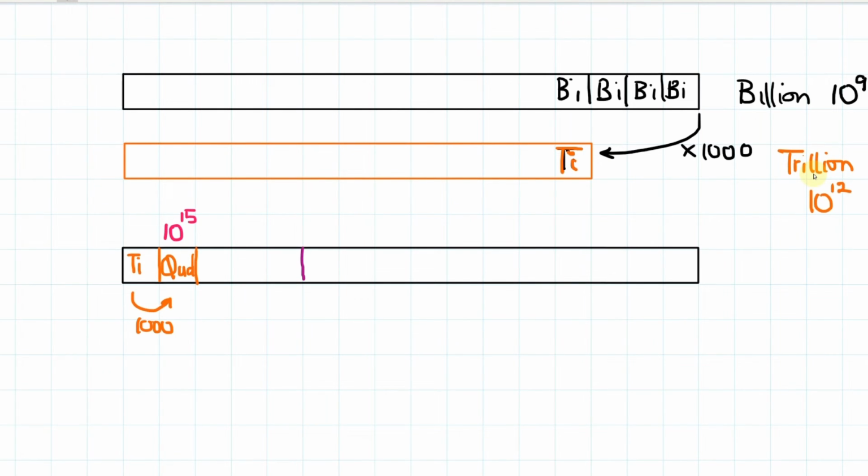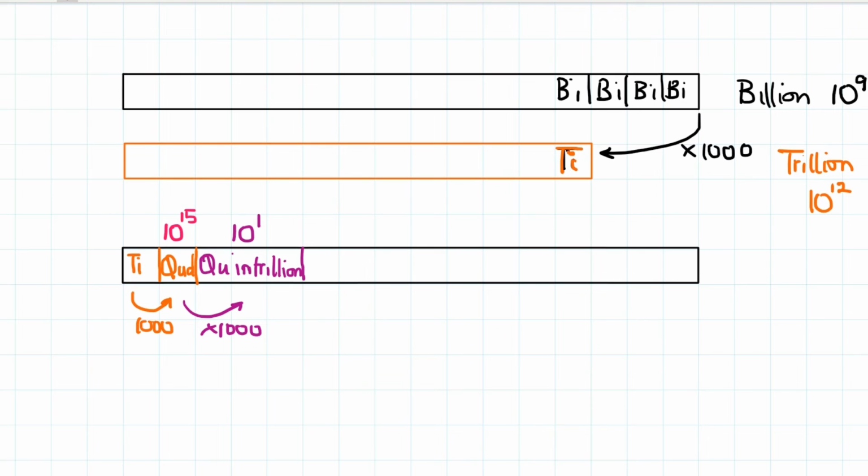Sorry, this here is not symmetrical because of spacing reasons, and we move on to the next stage, which is 10 to the power of 18. And in here we're multiplying by 1,000, and this is represented as a quintillion, and this here has its exponent to be what?